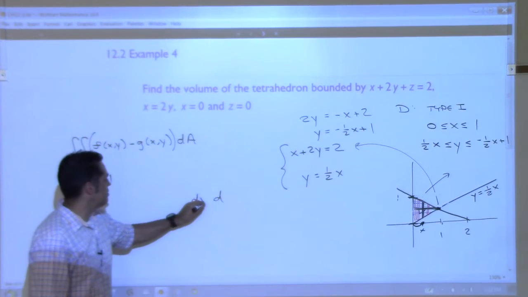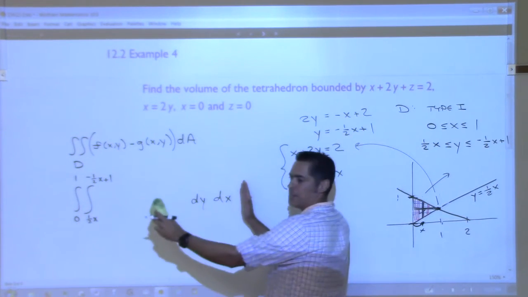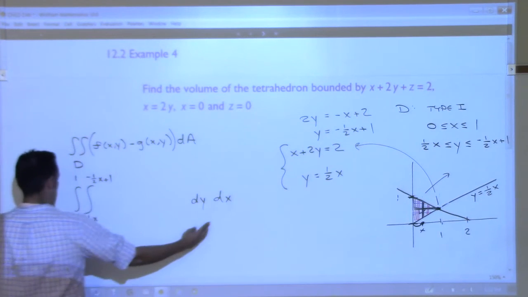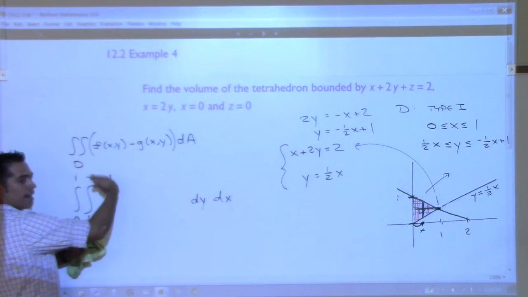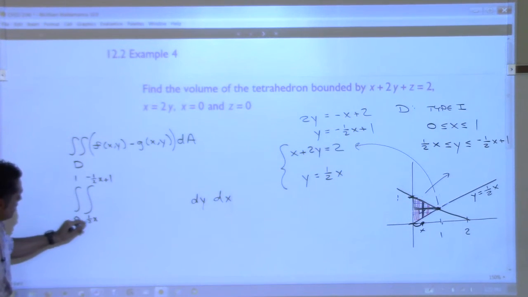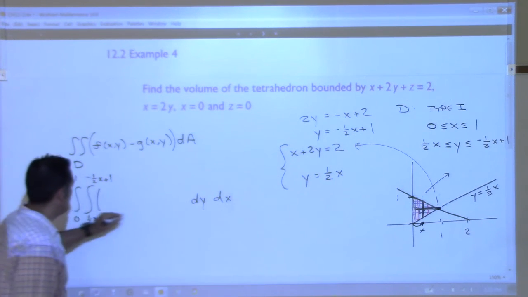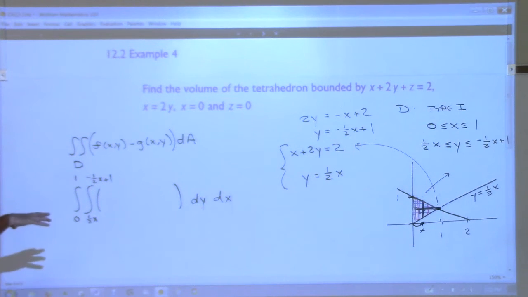And that's going to now force our order of integration here, isn't it? dy dx. So dx is the outside one, because these are restrictions on x, and dy is here because this is our restrictions on y. And remember, I also said you could put y equals here, if you want, it's up to you. And then inside, we put the top function, or the top surface, which for us is what? 2 minus x minus 1.